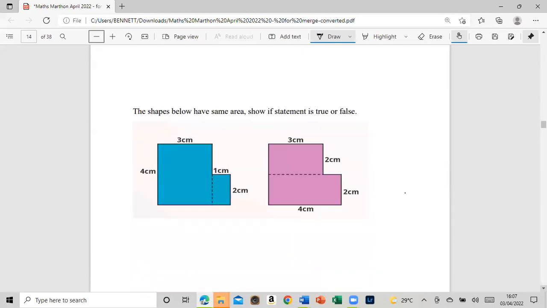All right, got this from our American paper. It said the shapes below have the same area. Show if the statement is true or false.